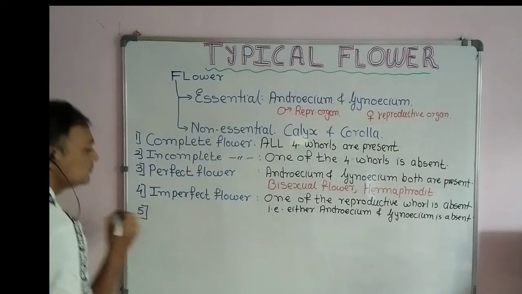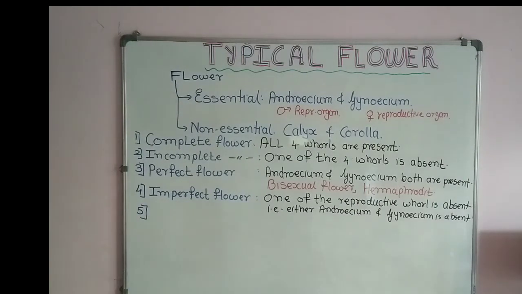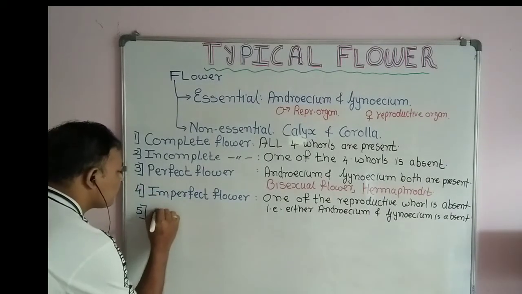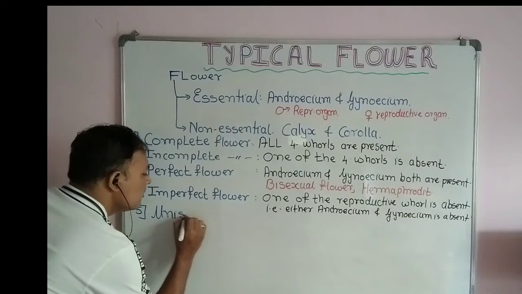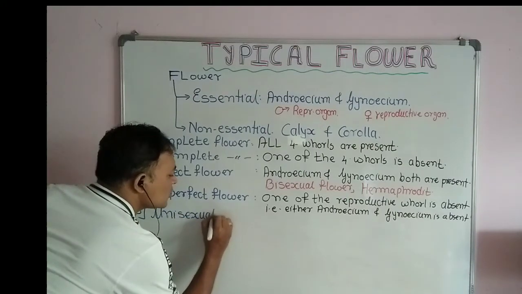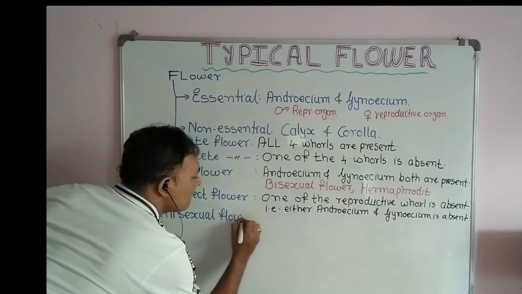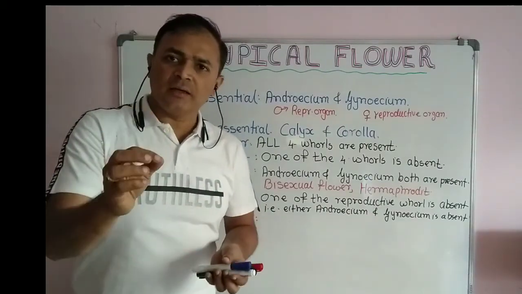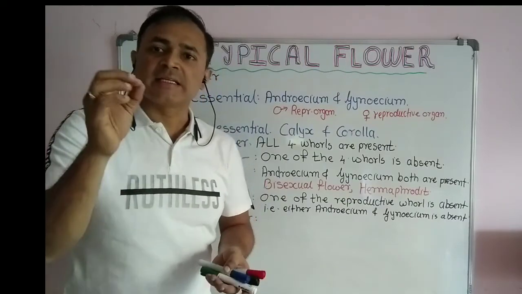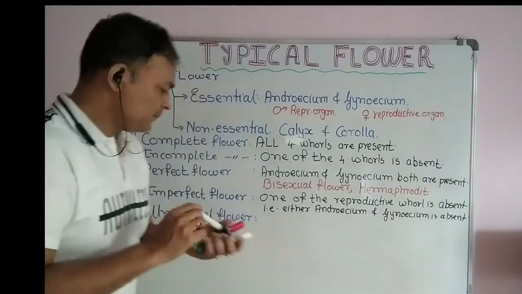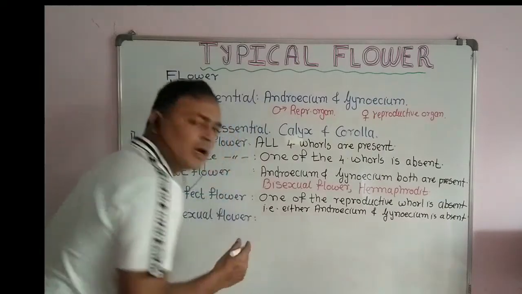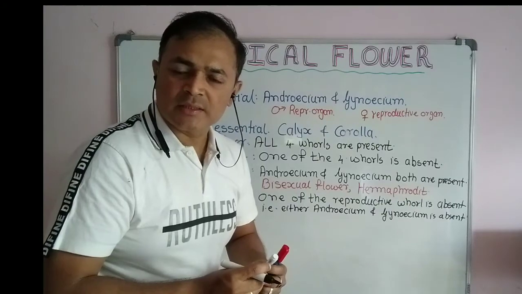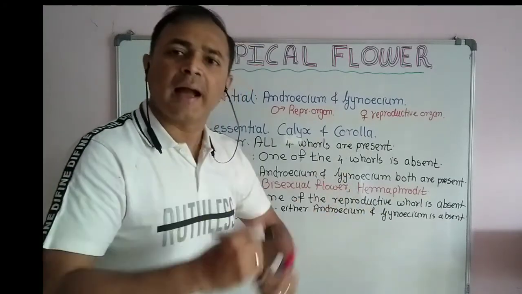Fifth, unisexual flower. It means either the flower is staminate or pistillate. Staminate means androecium is present. Pistillate means gynoecium is present.